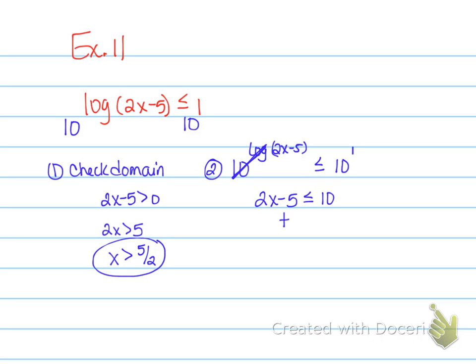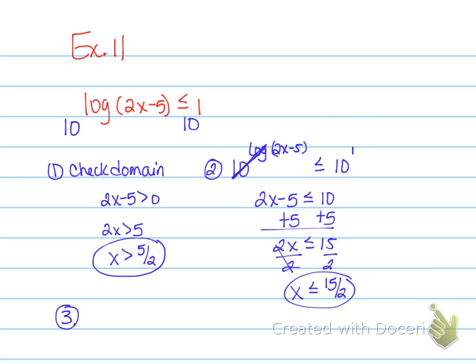And then we can just solve, so add the 5. And so 2x is less than or equal to 15, divided by the 2. And we know x is less than or equal to 15 halves. Well, here is the other part of my answer. So the third thing we do is we combine those together to get our final answer.